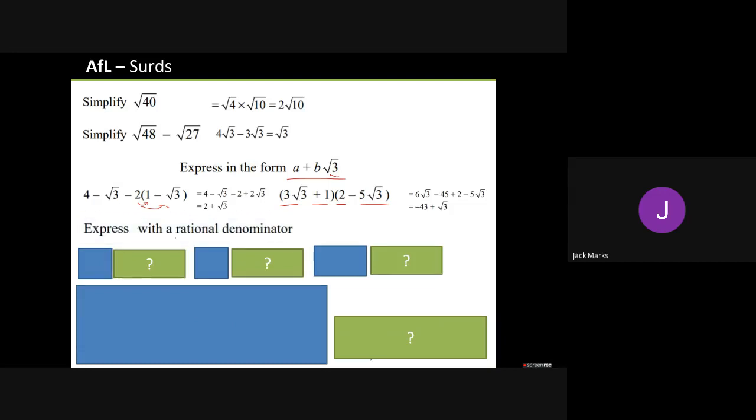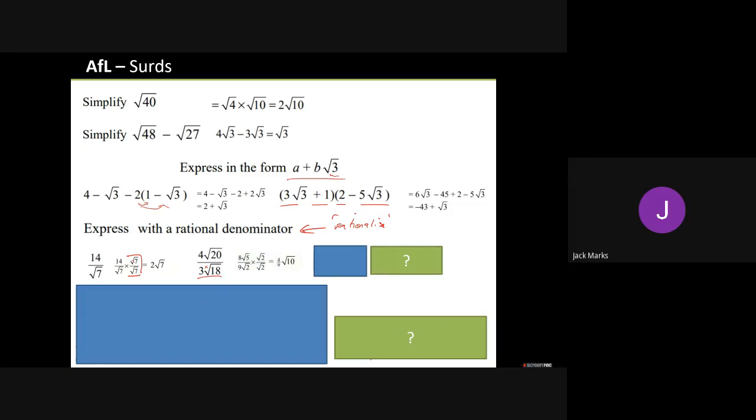Express with a rational denominator. So this is another signal for rationalize. Rationalize is using the trick of multiplying by 1, or writing 1 in a way such as this. Here, interestingly, if you just have 3 multiplied by, you don't need to multiply the bottom by 3 root 18.